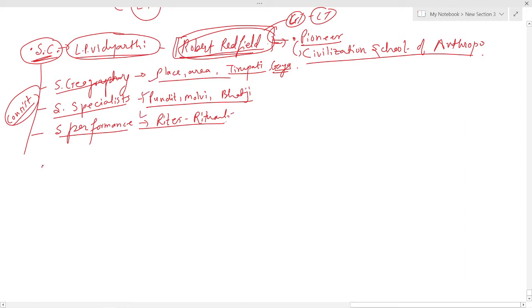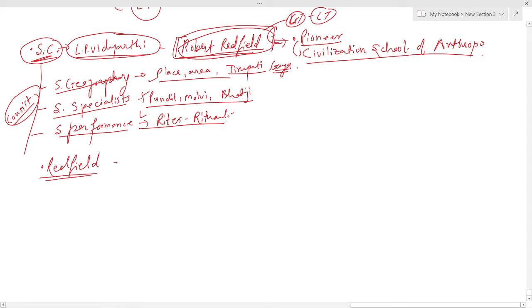Now Redfield has given a hypothesis. Robert Redfield postulated that the center of reference must be at the center of diffusion.